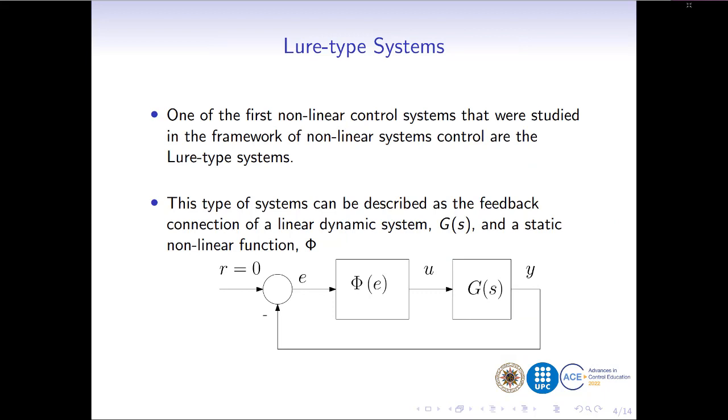One type of systems that has received a lot of attention, both from a conceptual and practical point of view, are the Lure type systems. Also, they were one of the first nonlinear control systems that were studied in the framework of nonlinear systems control. Lure-type systems can be studied as the feedback connection of a linear system and a static nonlinear function.